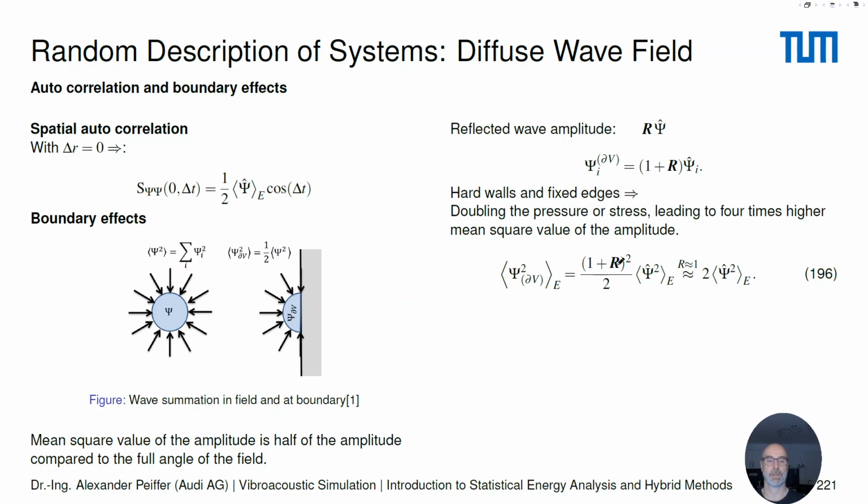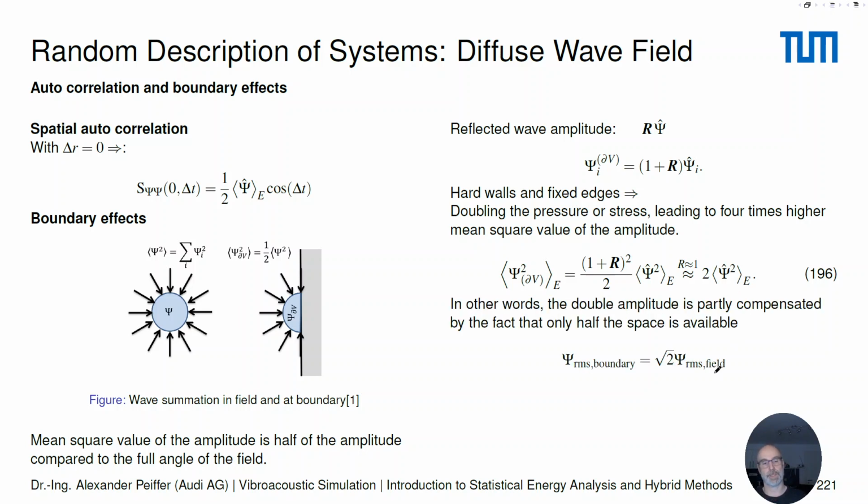But again, we have to consider this half effect due to the fact that we only have the half space available. That means that at the boundary, we just have the doubled mean square pressure. In other words, the double amplitude that you normally have due to the reflection at the wall is partly compensated by the fact that only the half space is available.